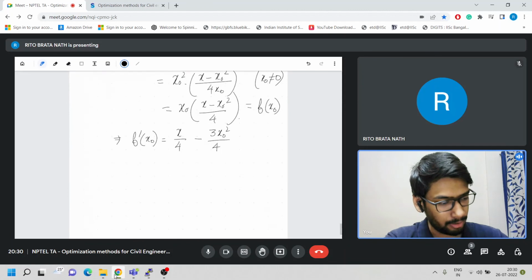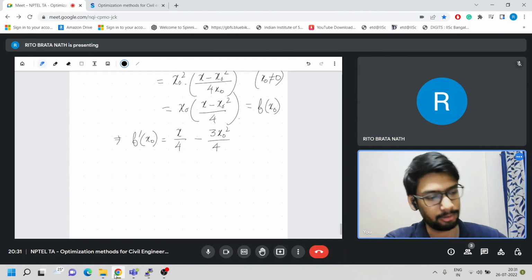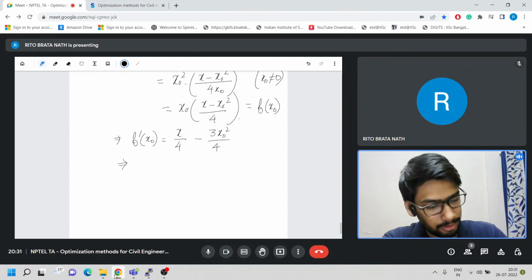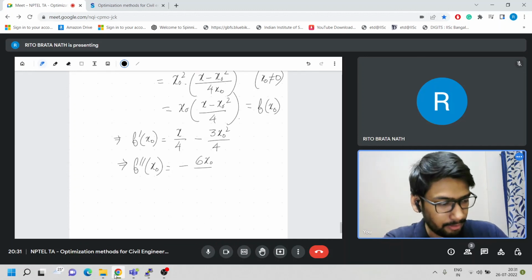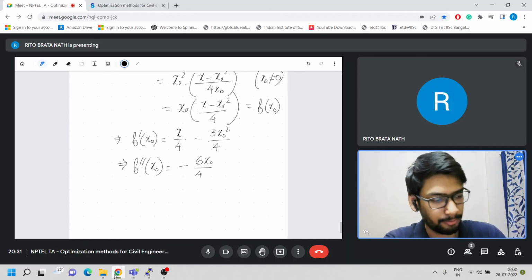I hope I've done it correctly. Let me just double check it. Yeah, I think so. And then you'll have your second derivative, as this part will be 0 anyway. So it's 6 x naught divided by 4, so it's 3 x naught over 2.